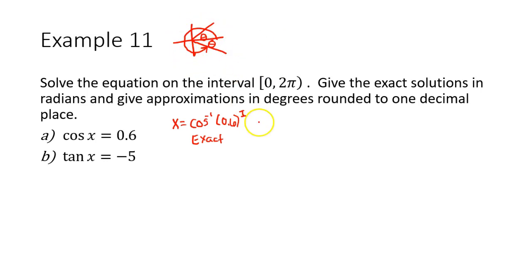But since we don't know this angle, we're going to have to subtract the whole thing from 2 pi. In other words, we'll do 2 pi minus all of this back here, my quadrant 1 angle, which is the inverse cosine of 0.6. Okay, those are my exact answers for the cosine of 0.6, and these are in radians.